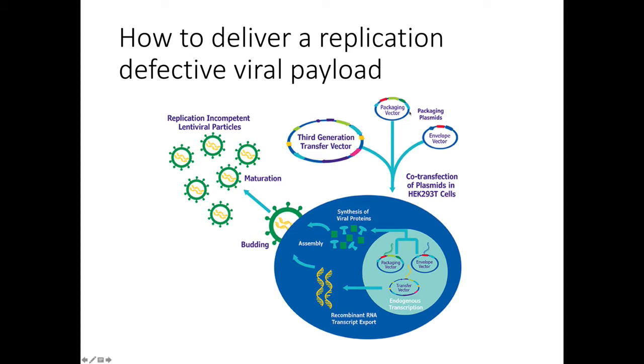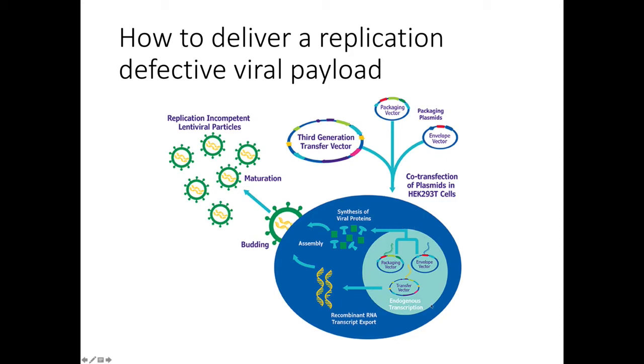But if one has something called a packaging vector and an envelope vector, and then a third generation transfer vector, you can inject this set of different expression vectors into a cell line, and these will all be expressed to produce the viral proteins. The viral proteins will generate a capsid, and inside there you have the transfer vector, which has your RNA or DNA of interest.